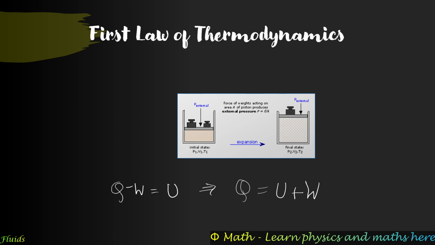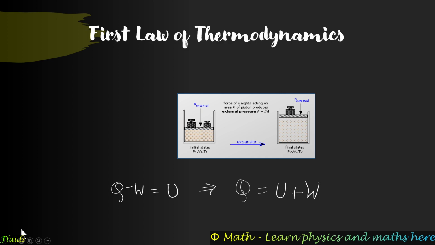After that we know that this law of thermodynamics is the law of conservation of energy adapted for thermodynamic processes, and a simple formulation of this law is that the total energy of a system remains constant. As we can see, it is converted from one form to another, like from heat to work or work to heat.